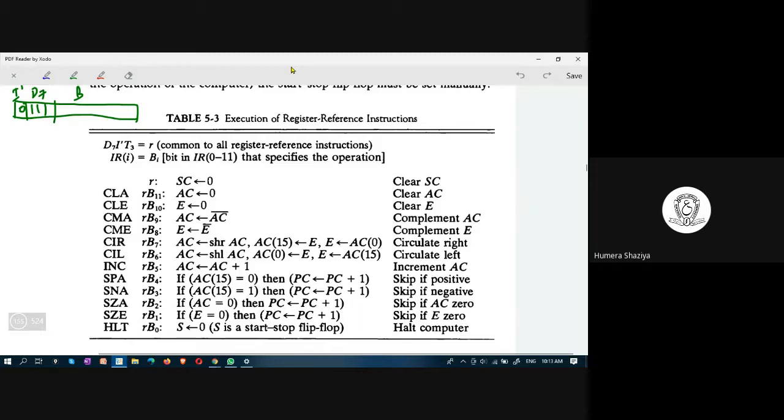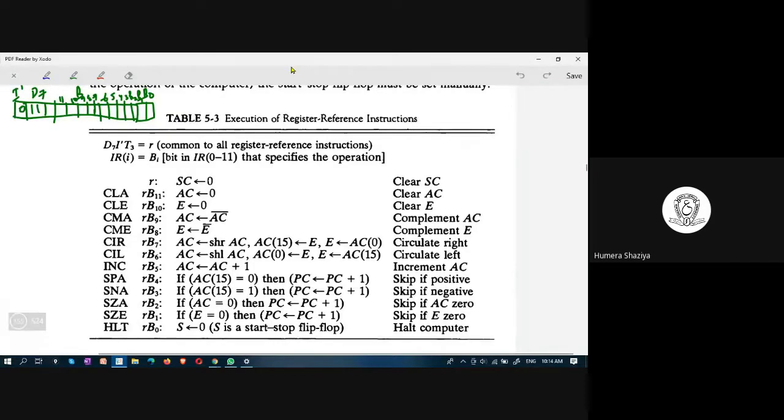INC increment, CIL circular shift left, CIR circular shift right, CME complement E, complement A, and clear E, clear A. Clear A is B11. B11 means, counting 1, 2, 3, 4, 5, 6, 7, 8, 9, 10, this is bit 0, B naught. This is B1, this is B2, B3, B4, B5, B6, B7, B8, B9, B10, B11.